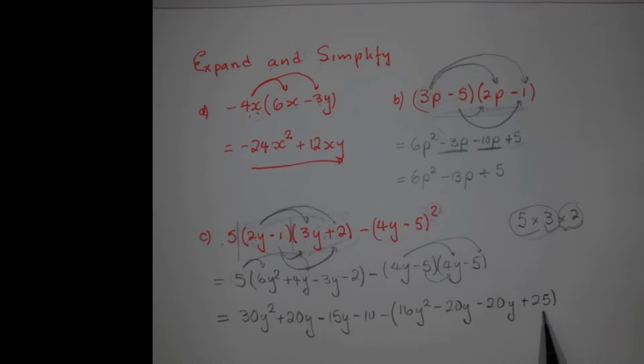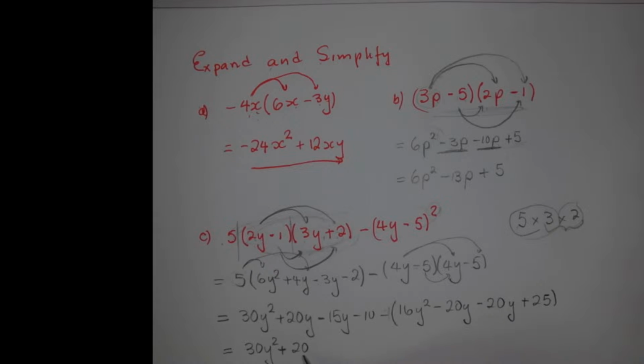Now remember that that product is affected by this minus in front. So before I proceed to try and simplify all the like terms, what I would like to do is remove this bracket by changing the sign of every term inside the bracket. Literally what it means is that you're multiplying by -1, which is meant to be the coefficient in front here. Okay, so this is 30y squared. Again, I could have simplified a little bit, but I'm not going to do it yet.